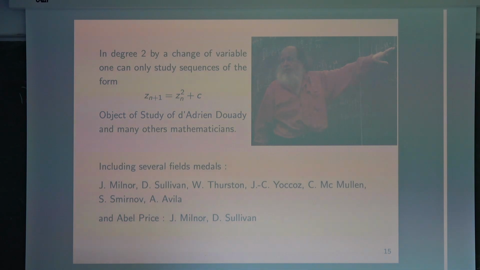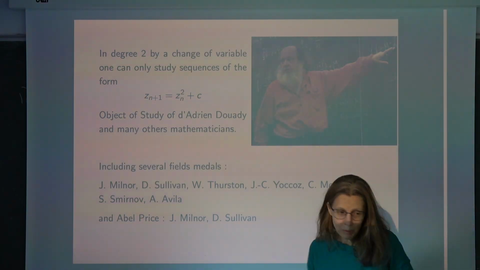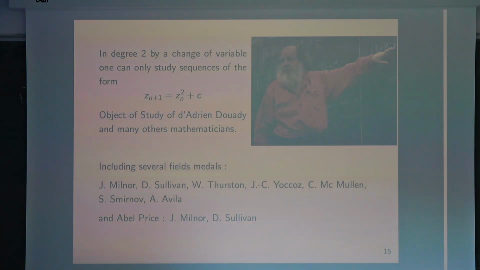It was 1980, something like this. And a lot of Fields medalists were interested in this subject. I don't remember if Sullivan got the Fields medal or not, but he got the Abel Prize.